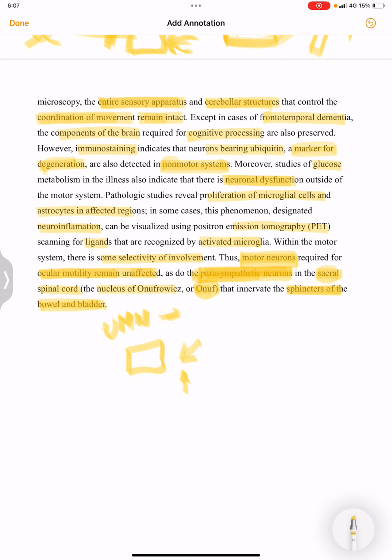So bladder and bowel sphincters are not involved. Even ocular motility remains unaffected.